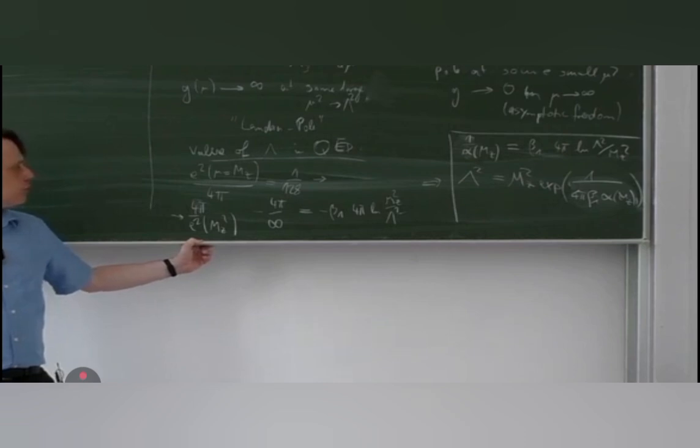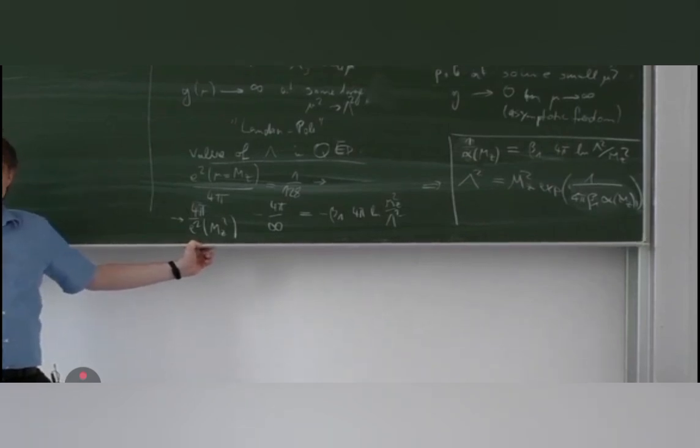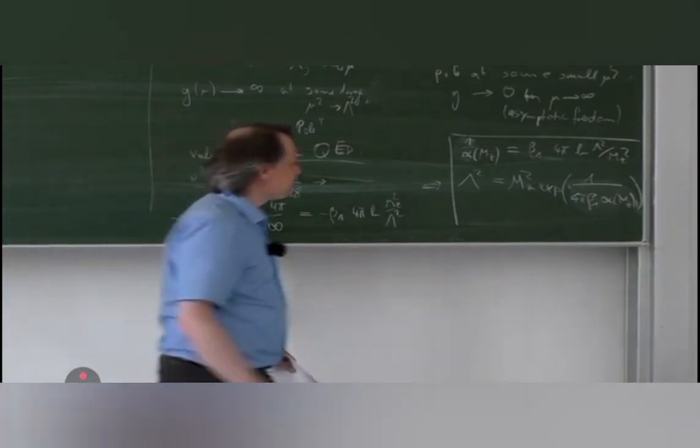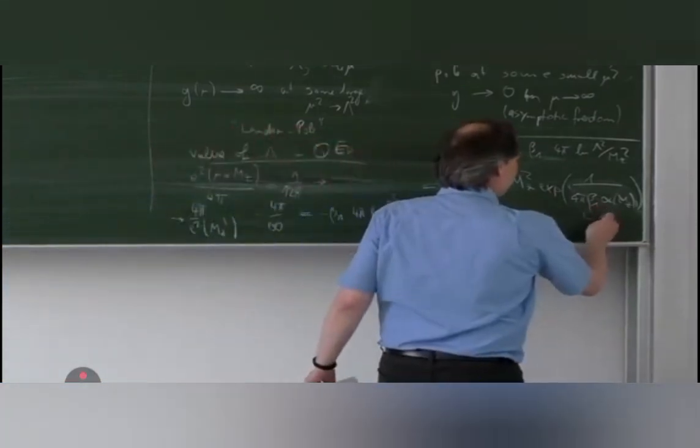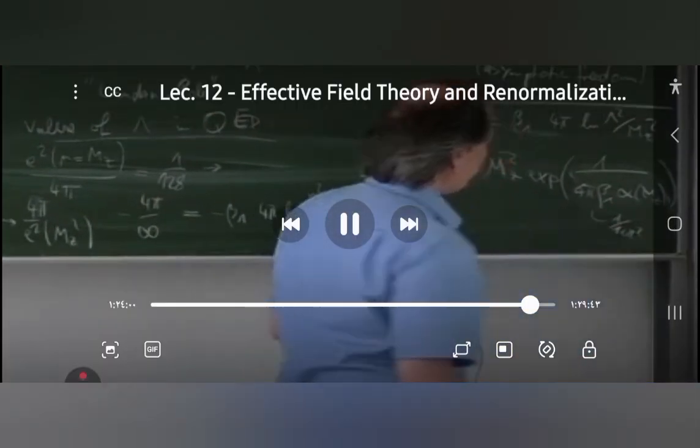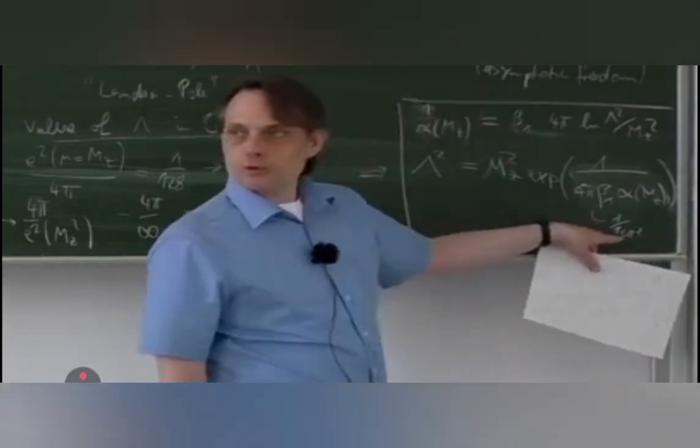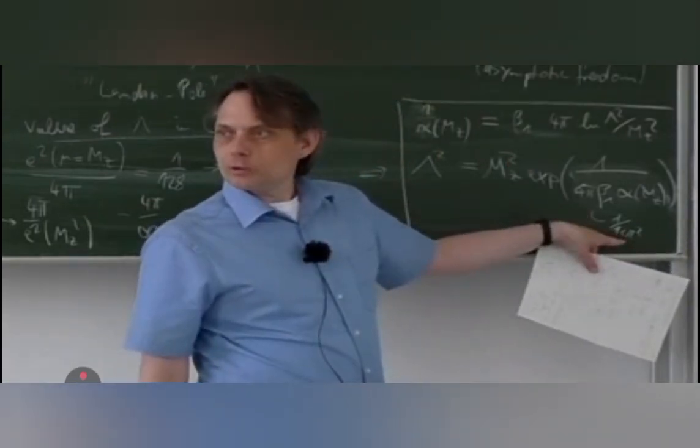Now, what is therefore the exponent actually, numerically? So beta 1 was again what? Beta 1 was 1 over 12 pi square. So times 4 pi is 1 over 3 pi. What is 1 over 3 pi?